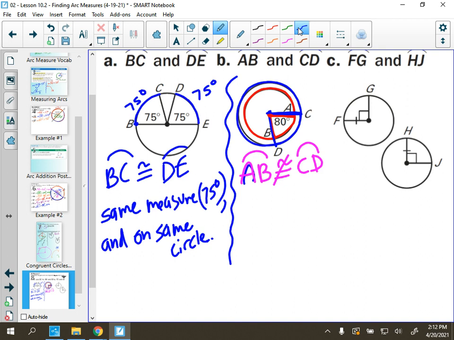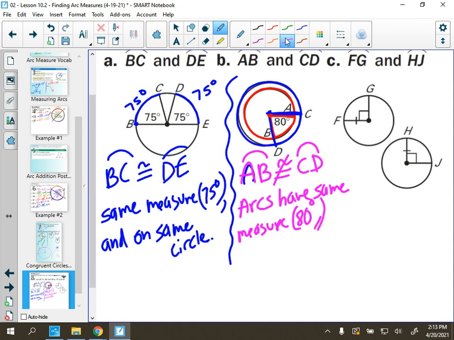So how do I explain that? How do I say that? So I would definitely say, hey, these are not congruent. Why? Arcs have same measure, so I'm kind of acknowledging that there's some component to this that would almost make them congruent, have same measure, which is 80 degrees.